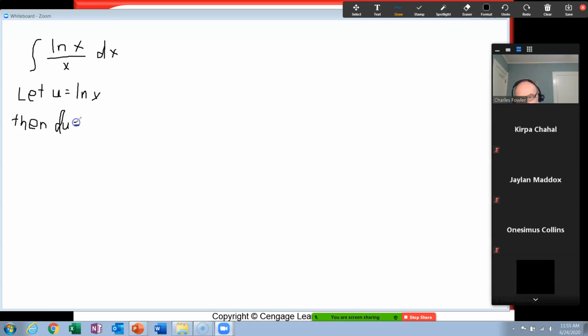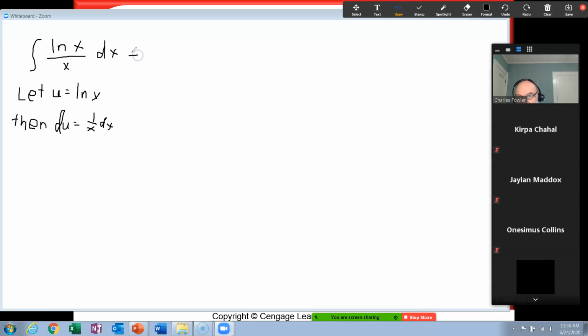Same as before, anyone remember? The derivative of log x is 1 over x dx. Alright, well now you've got a u times du. u is log x, and 1 over x dx is du.